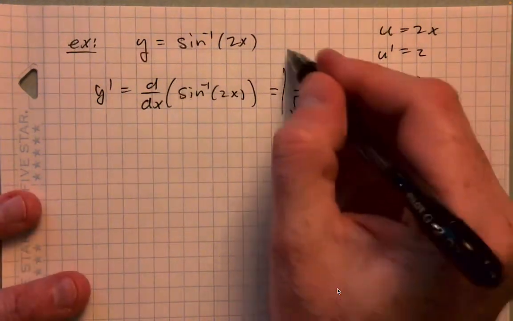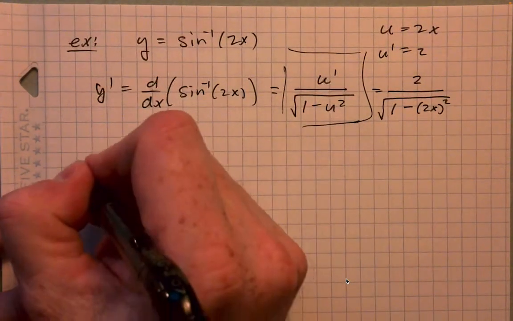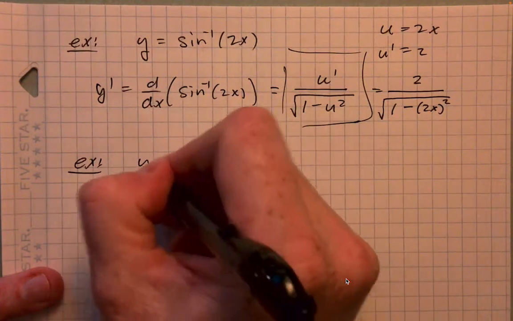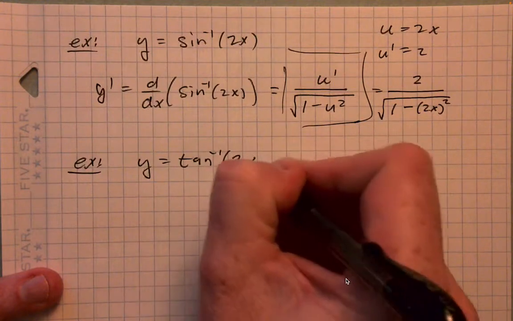It almost feels like cheating using these forms, but we went through and showed where these come from. It's basically implicit differentiation and then some really basic trig identities. Okay, let's do one more example at least. What about y equals the inverse tan of 3x?